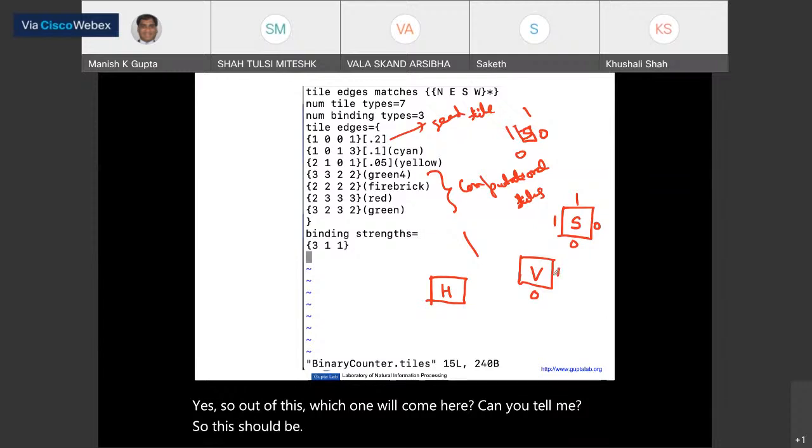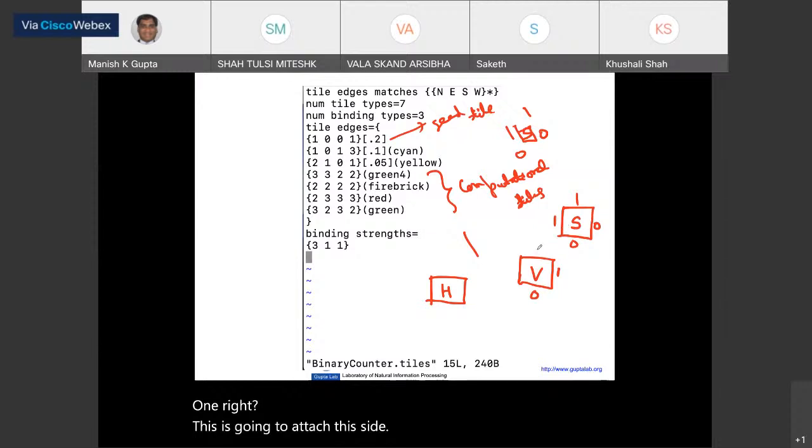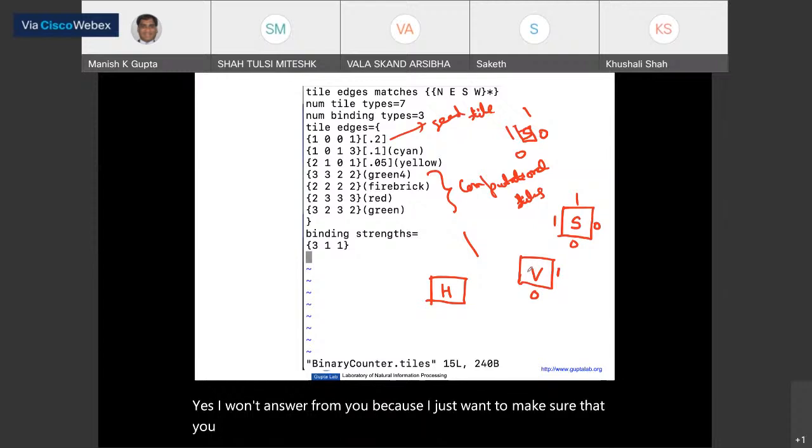So this is going to attach this side. Something should go there and something should come here. I want an answer from you because I just want to make sure that you understood it now.